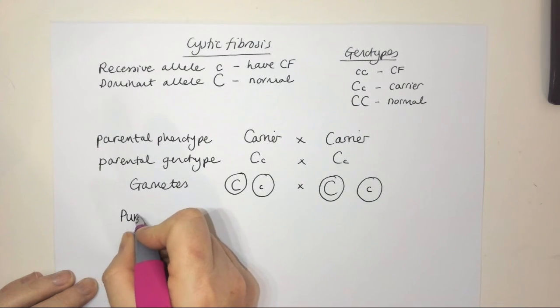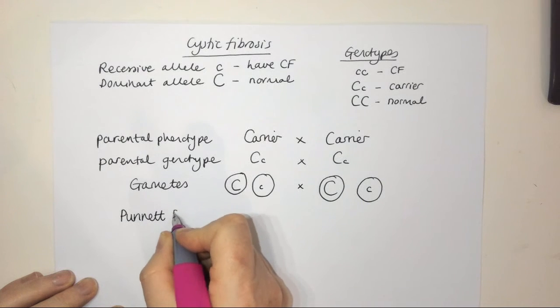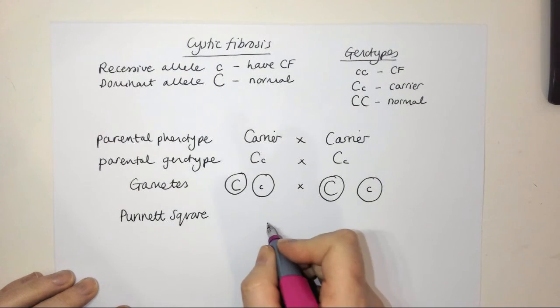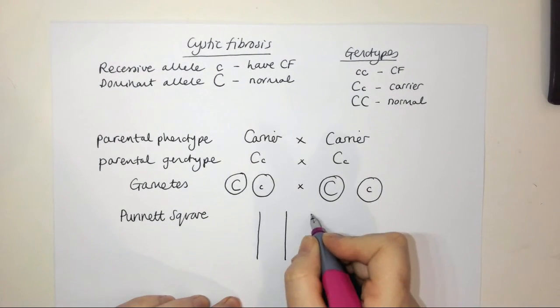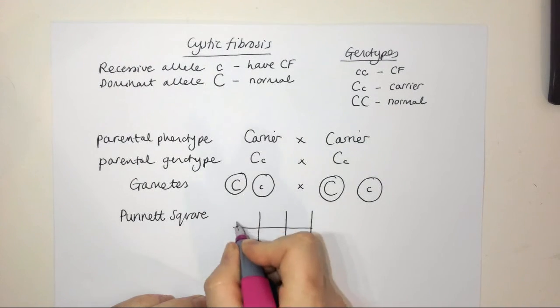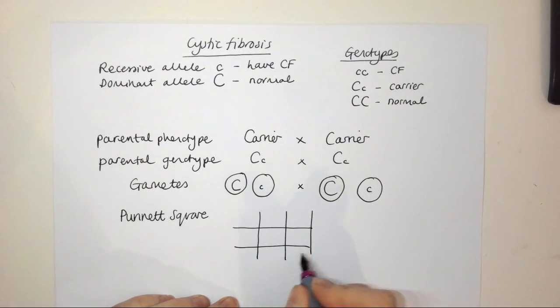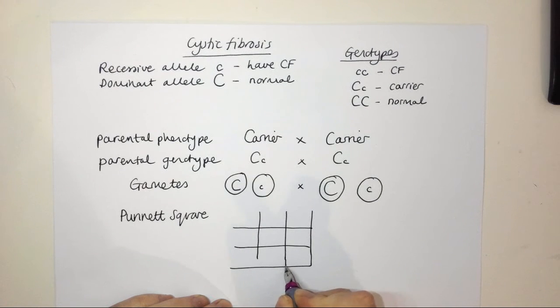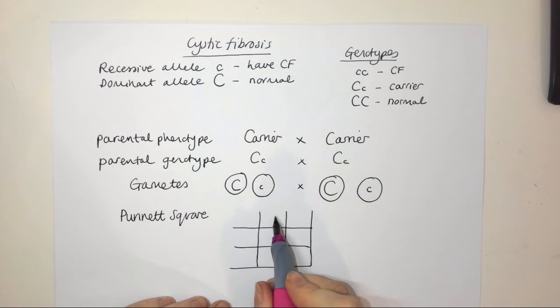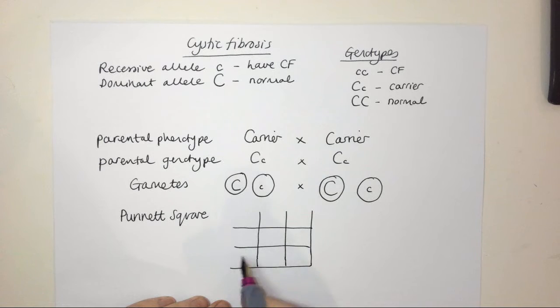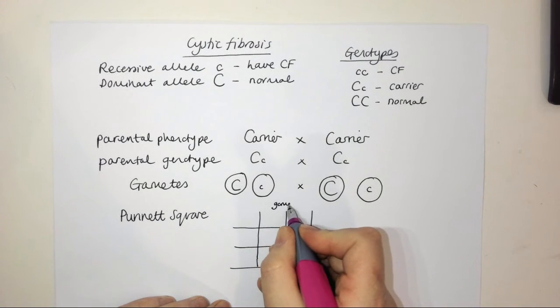And then pop those into a Punnett square. Remember, this is just our grid, much easier than drawing all those lines and getting confused. If you remember from the last video, we have the gametes on the outside, and I'm going to label them to remind me.